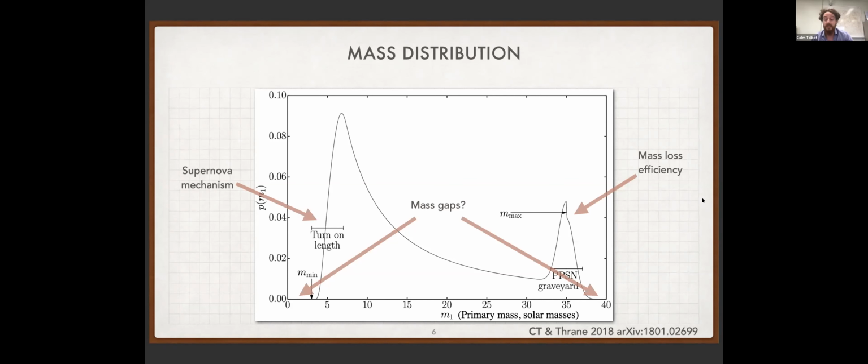And the peak in this power law plus peak is what we've called here the PPSN graveyard. PPSN is pulsational pair instability supernovae. This is essentially when very massive stars, towards the end of their life, become unstable to electron-positron pair production, and this can cause the star to contract very rapidly.